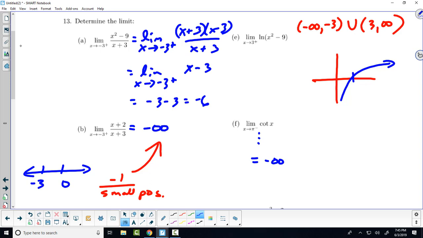But then I subtract 9 from it, what am I left with? A very, very small but positive number. And what is the natural log of a very small but positive number? Well, we look at the graph. And the graph says, as this gets closer and closer to 0 from the right, our y values are getting closer and closer to minus infinity. Okay?